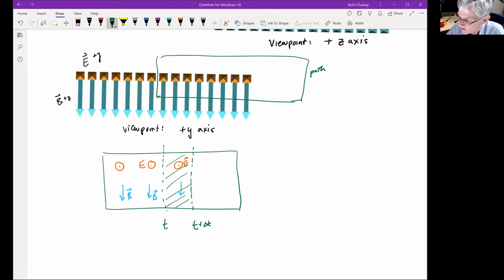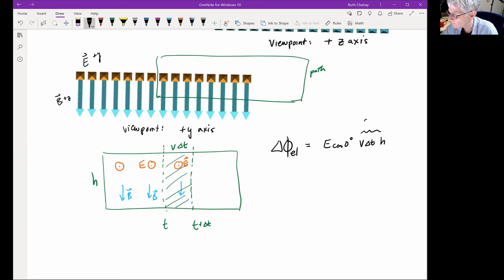And of course, this distance is v delta t, how fast the pulse was moving, times h. So the change in the electric flux is just the electric flux in this new shaded region. So it's going to be E cosine of 0 degrees times the area, which is just v delta t times h, the shaded area.